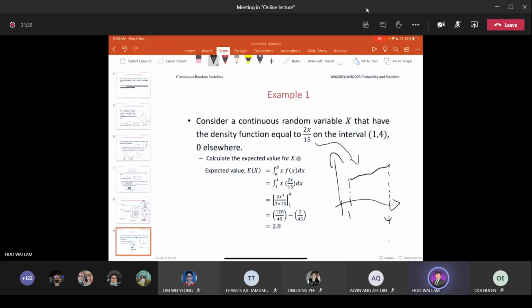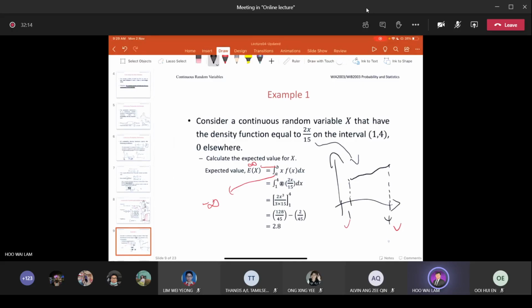So from here, the expected value E(X) equals the integral from a to b. Actually, if you really want to rewrite it in a better manner, this can be negative infinity to positive infinity, but for this particular graph, we follow the limits here. Then x times 2x divided by 15.